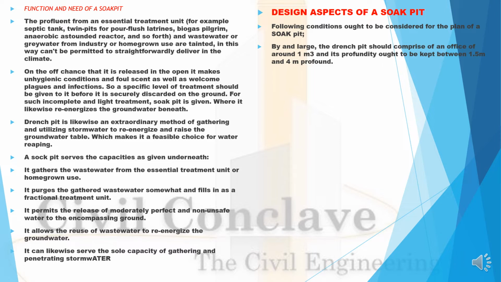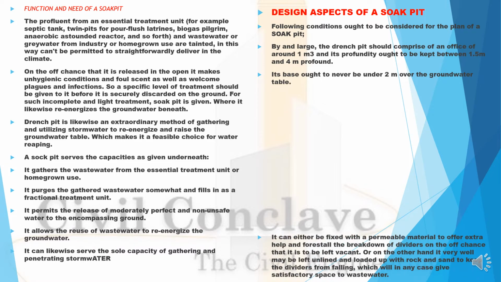The following conditions have to be considered before constructing a soak pit. By and large, the soak pit should comprise a volume of around 1 cubic meter and the depth should be kept between 1.5 to 4 meters. Its base should never be under 2 meters above the groundwater table.